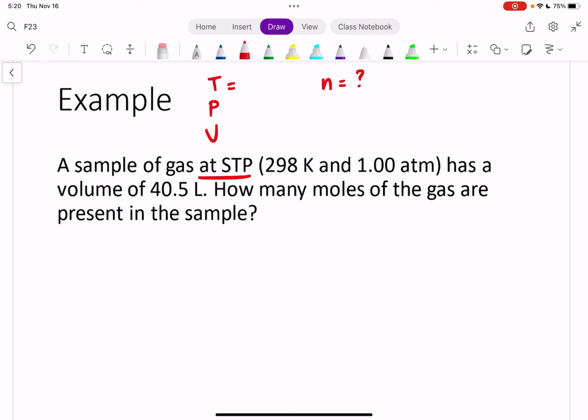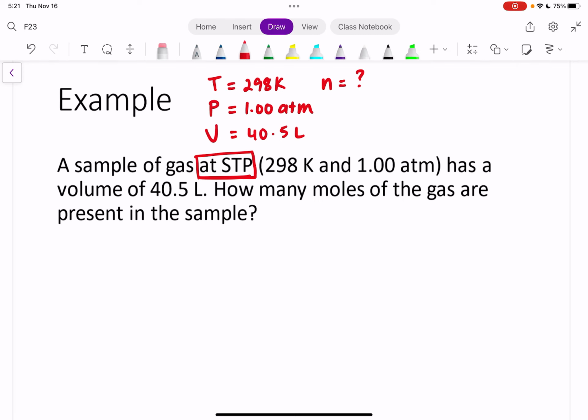Okay, so we have a temperature, 298 Kelvin. We have a pressure, 1.00 atm, right? All of that just from seeing this at STP. We got both of those numbers. And then we have a volume, 40.5 liters. And then we want to know how many moles of gas are present.